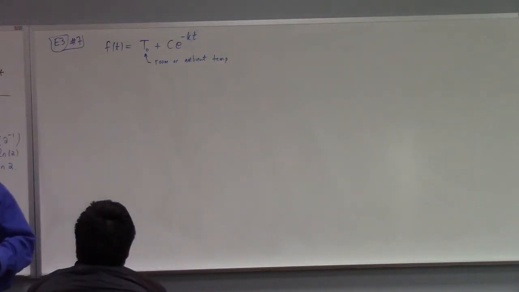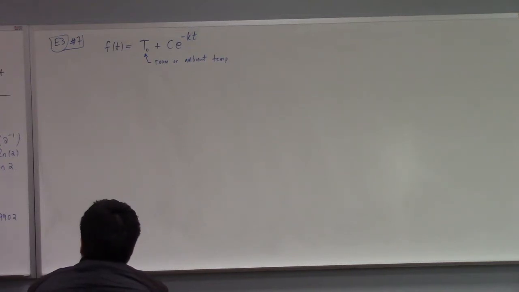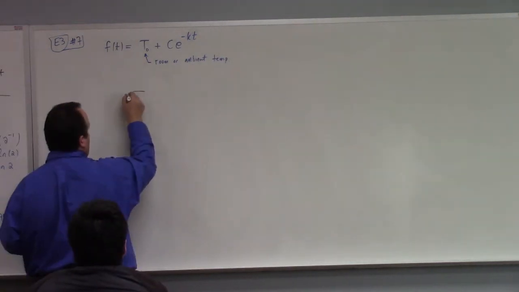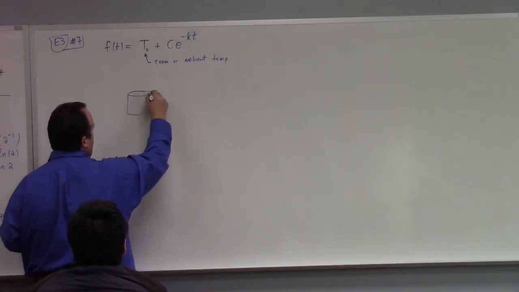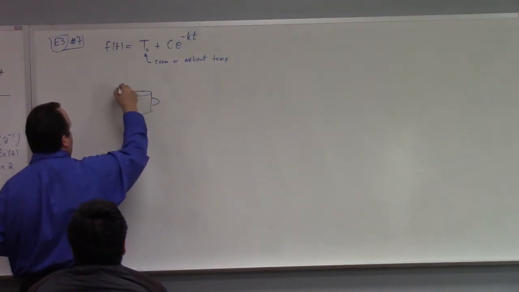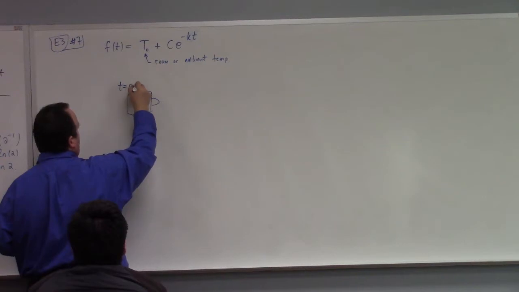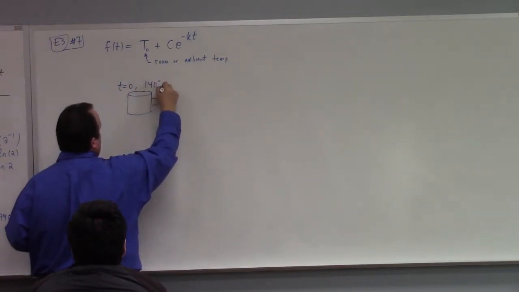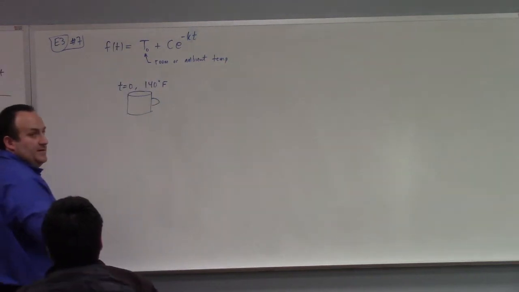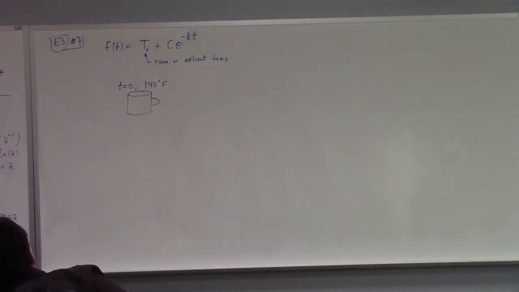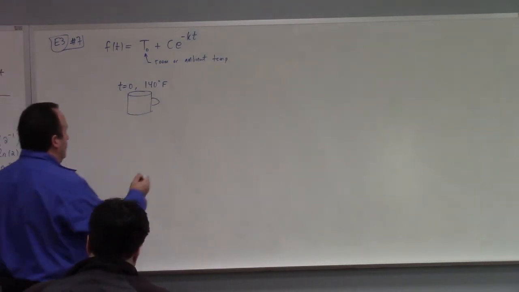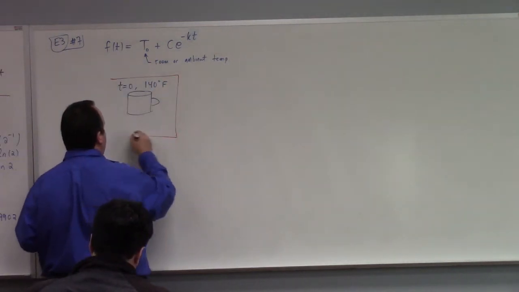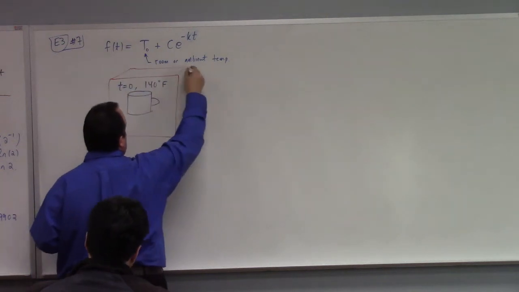This problem is about a cup of coffee cooling off in a freezer. So you have a cup of coffee, and it's originally, at t equals 0, at 140 degrees Fahrenheit. That cup of coffee is put in a 0-degree freezer, for reasons I don't fully understand.